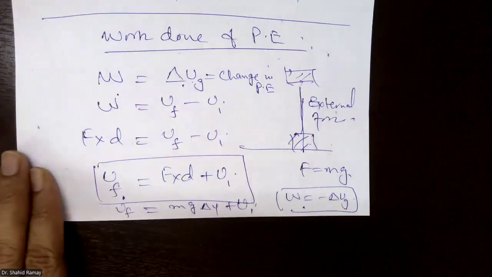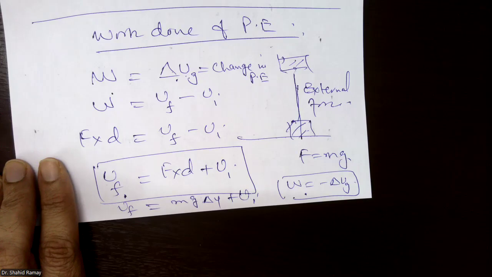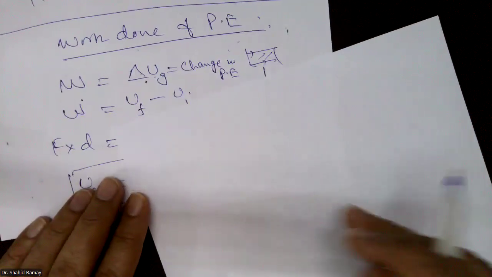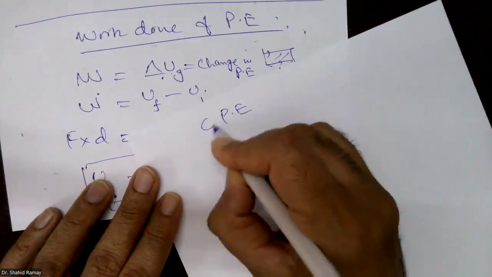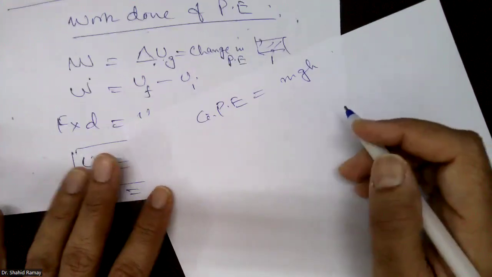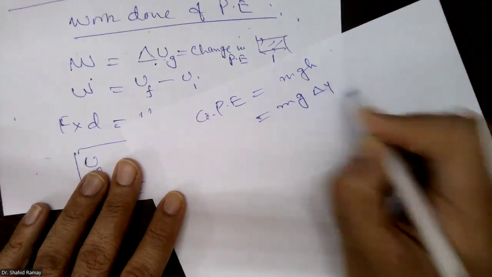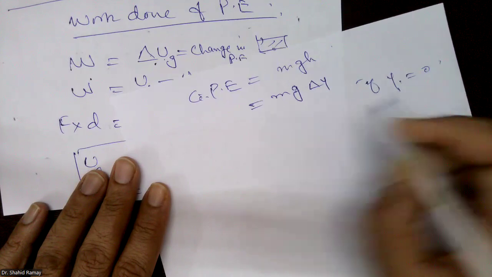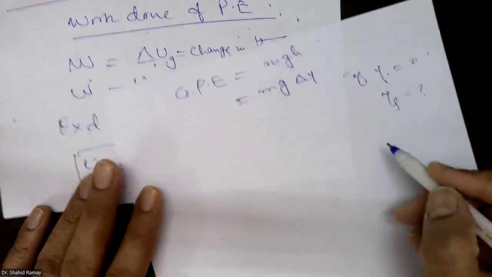Also, we can write the equation in this way. At high school level, you remember that you studied that gravitational potential energy is equal to mgh, or here we can write it as mg delta y. So if y initial is equal to 0, then surely there will be some yf.